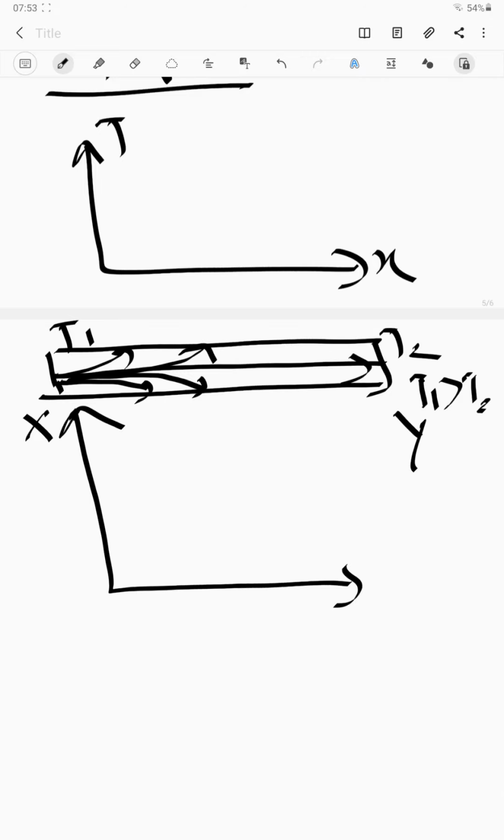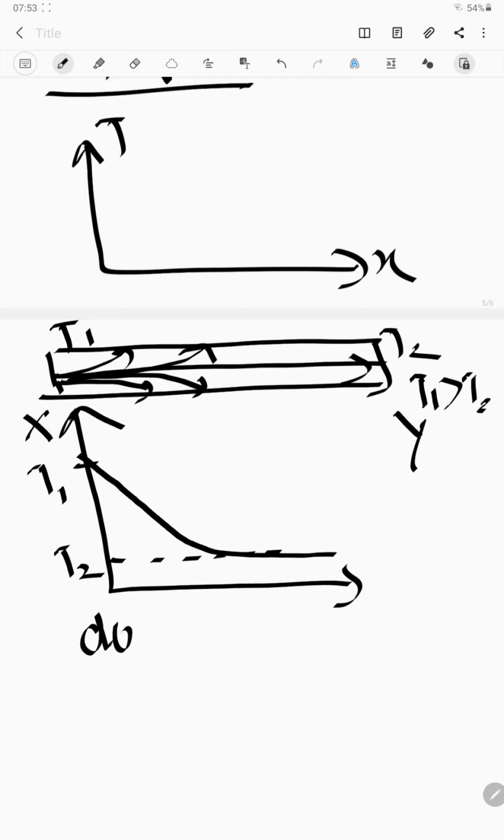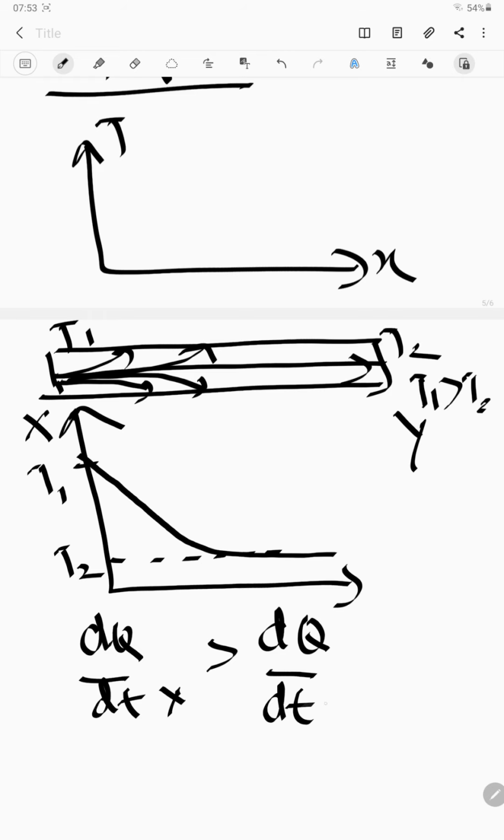So kita akan dapat temperature gradient daripada T1 kepada T2. Okay, bentuk graf dia adalah macam ni. Bentuk graf untuk unlagged metal bar. So dia akan dapat dQ over dt pada X is greater than dQ over dt pada Y.